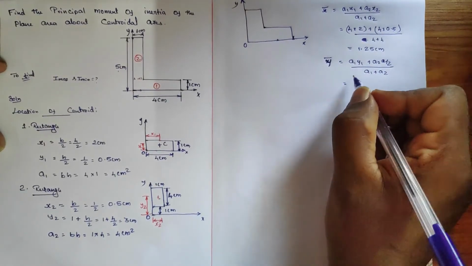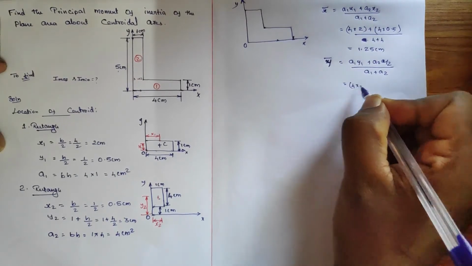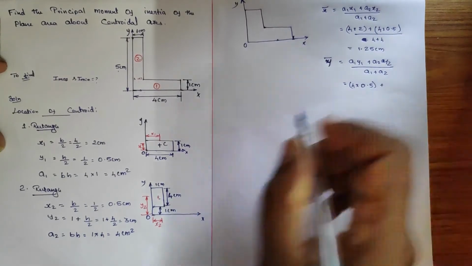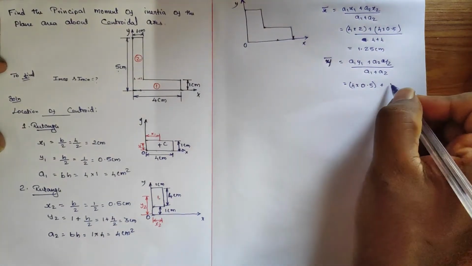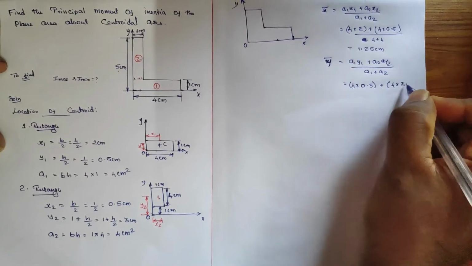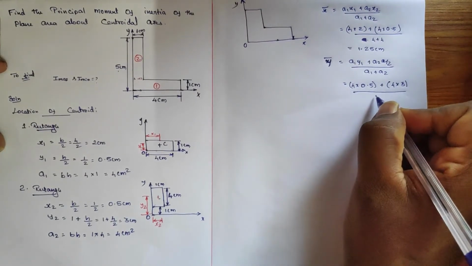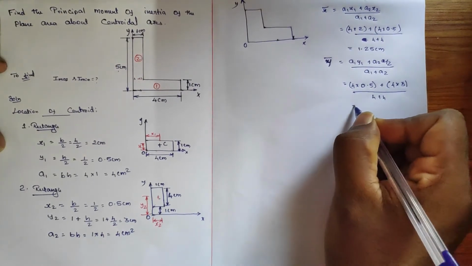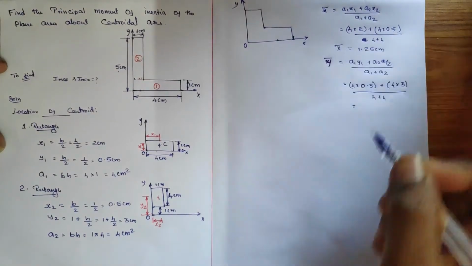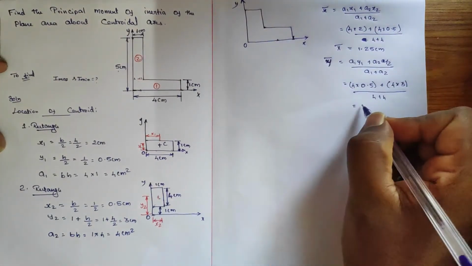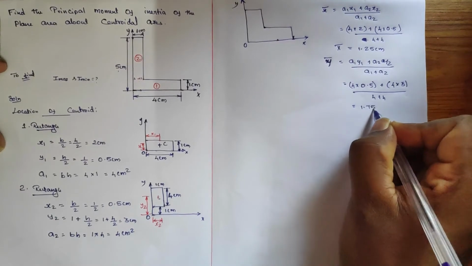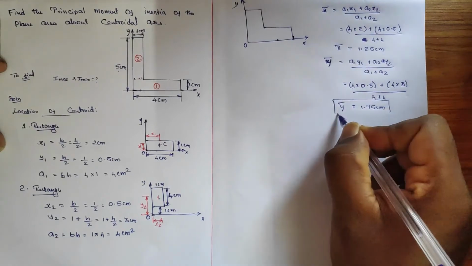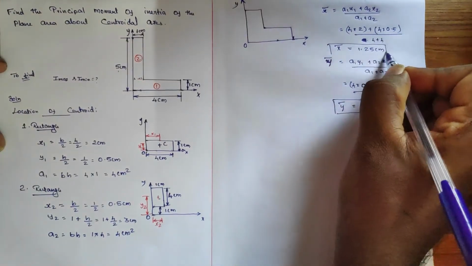So what would be the thing here? 4 into Y1 value 0.5 plus Y2 value 3, so area is 4, so 4 into 3, divided by A1 plus A2, 4 plus 4. When you do the calculation, we get the Y bar as 1.75 centimeter.